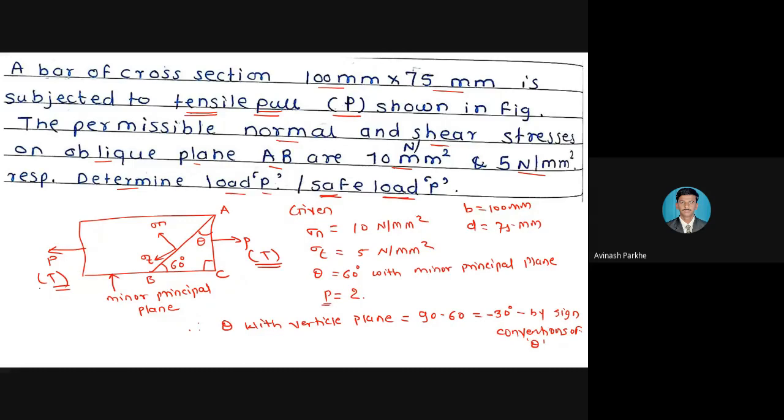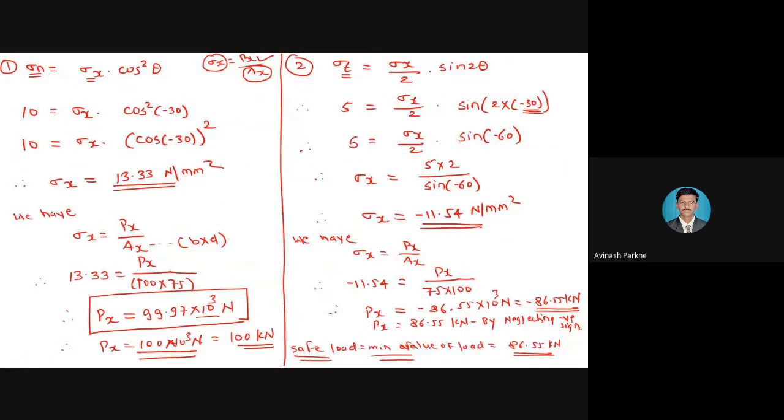But if 100 kilonewton force is applied, then this particular rectangular section or member will break. Therefore, the safe value of the load will be considered as the minimum value of the load.